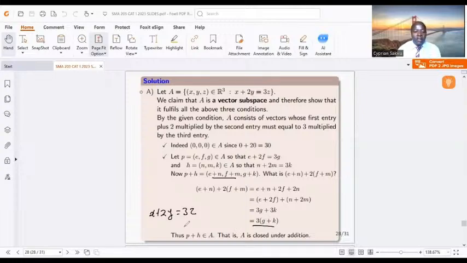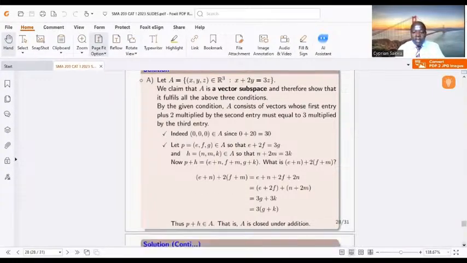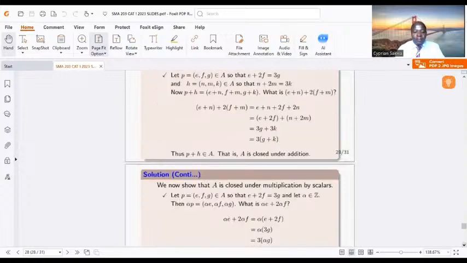And so that means, therefore, that P plus H is a member of A. Now, what remains is the other condition, to show that it's closed under scalar multiplication.